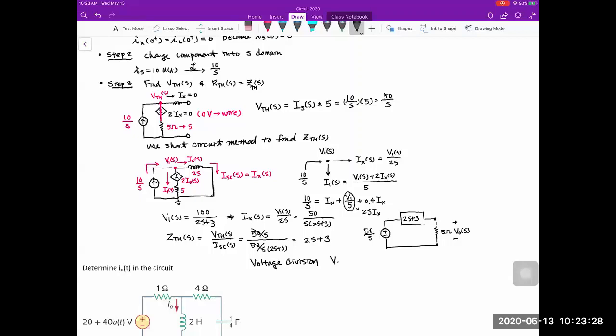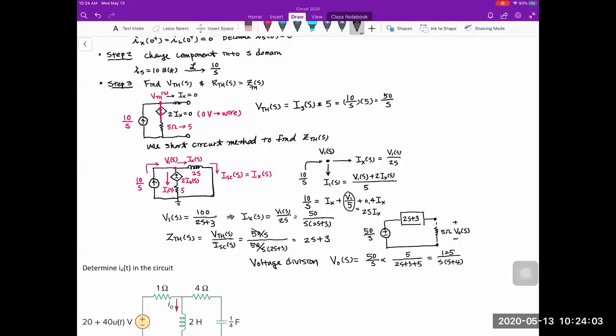Then your V naught of S is simply equal to the source voltage times the 5 on top over the summation of the resistance, which is 2S plus 3 plus 5. And that will give you 125 over S plus 4.